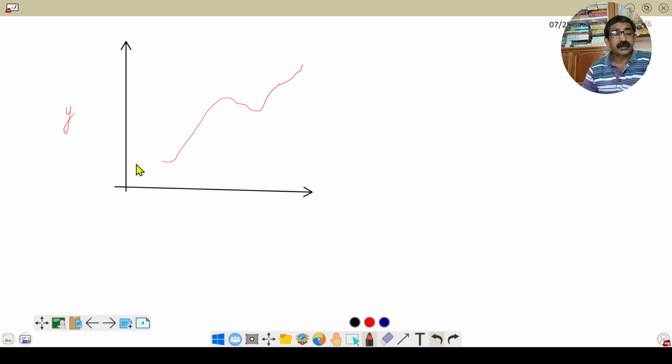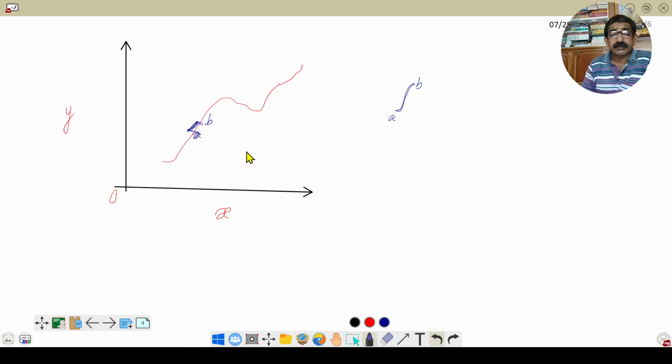So this is y, this is x, this is the origin, and particularly we are taking a small portion of this graph. Suppose we are taking this section, between A and B. This is a part of the graph between A and B.